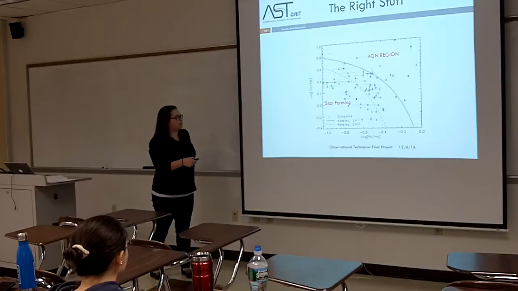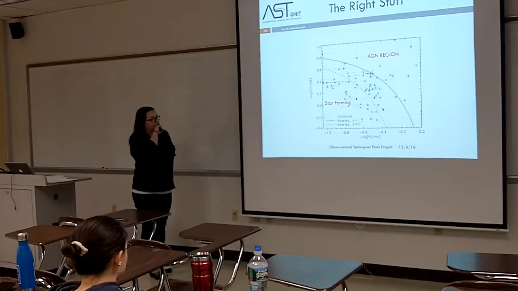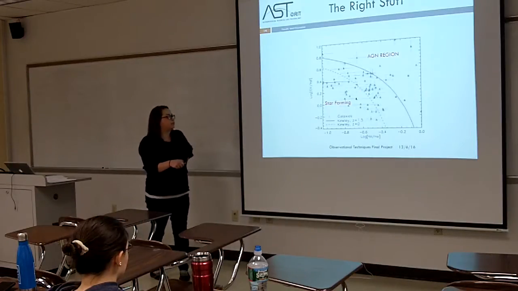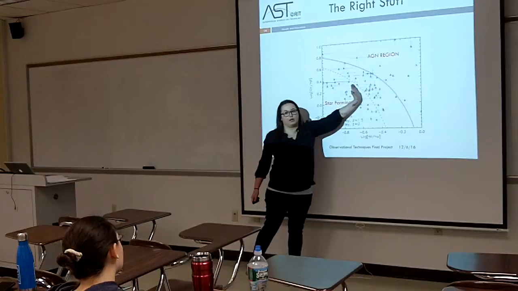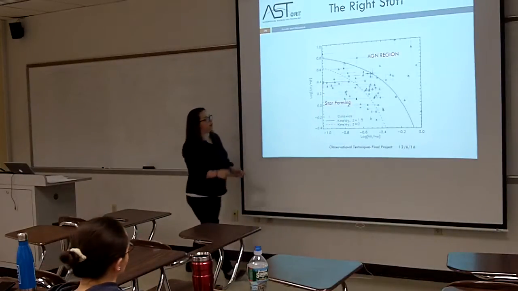So here are my QLE lines. This is my 1.5, and this is my 0 line. And if you want, there's no evidence that these galaxies would be AGN, which is what it would say if we left it at the redshift of 0 line, right?